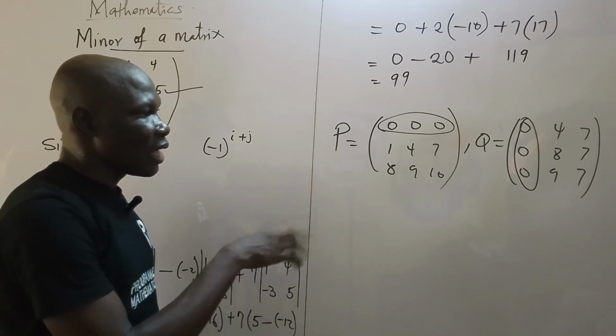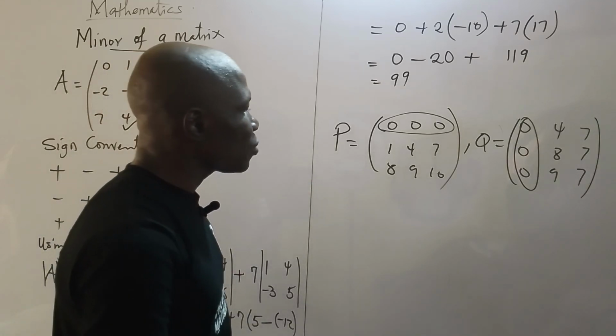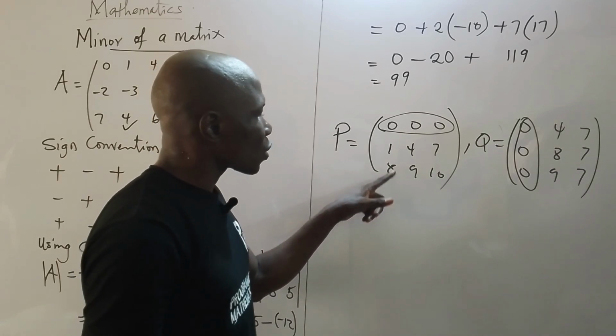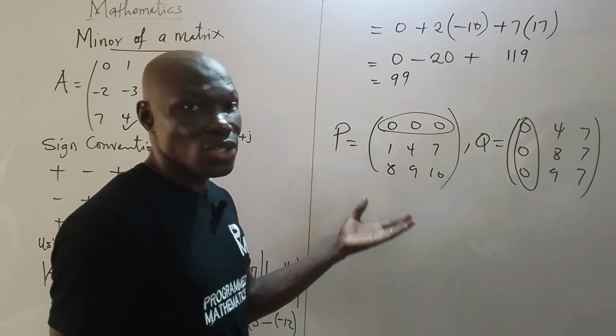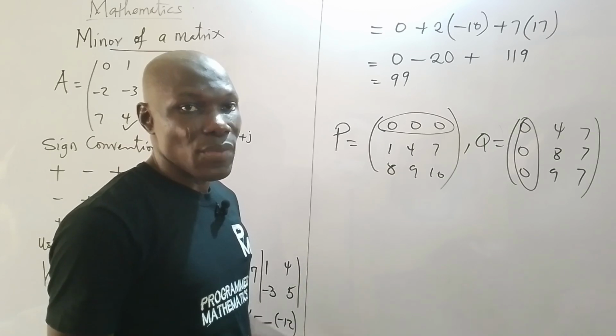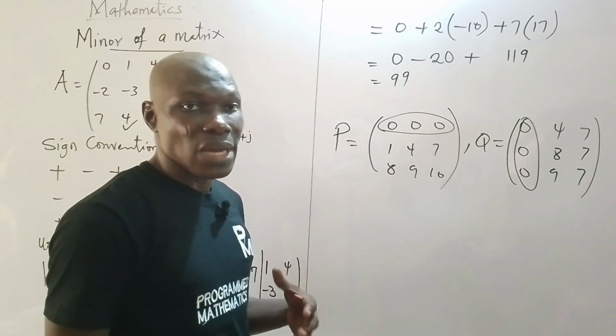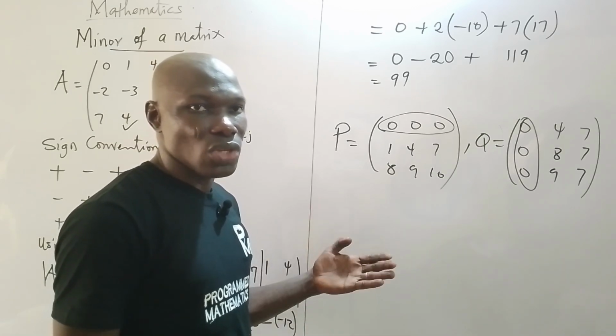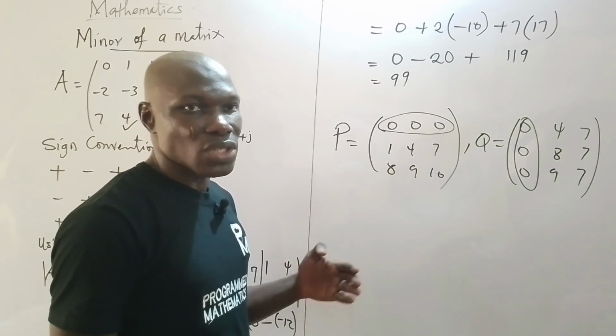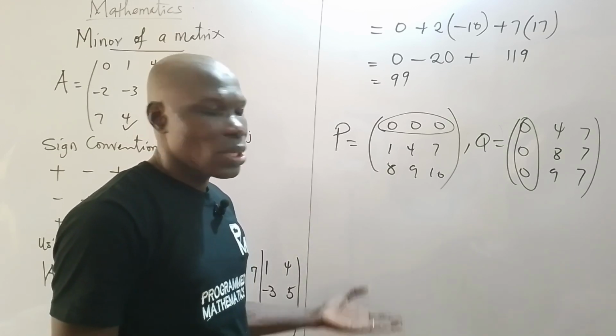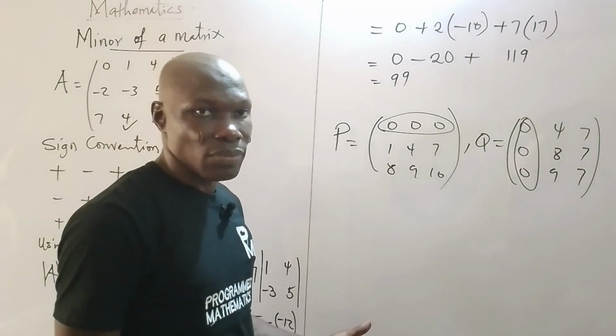Then another thing is that when you have the rows of the matrix exchanged, it does not affect the determinant as long as the elements are not changing. If a row is exchanged with another row, or a column is exchanged with another column, the determinant still remains the same.